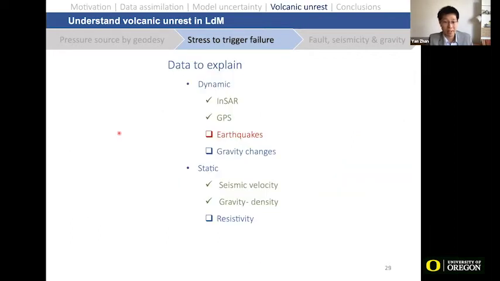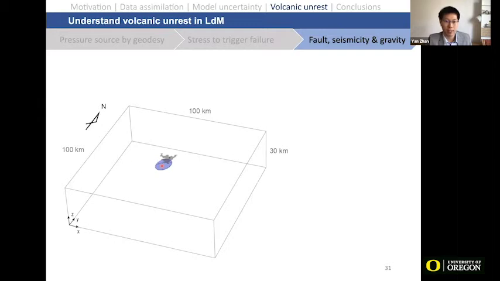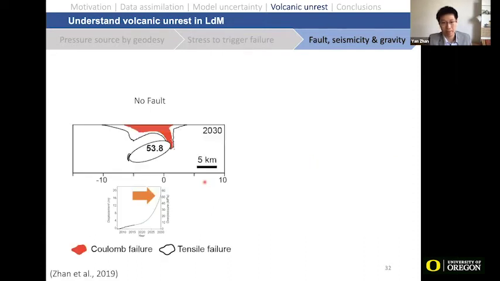So how do we explain the earthquakes? Let's go back to the earthquake distribution. We find those earthquakes all seem to be controlled by a fault. In our original model, we didn't model that fault. Now we add a fault, which is a weak zone whose Young's modulus is low. Now let's explore the effect of the fault.